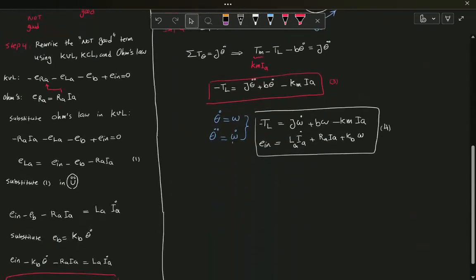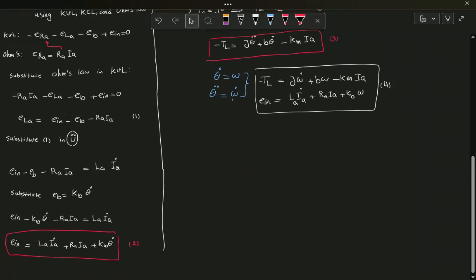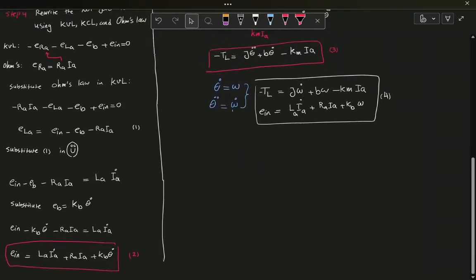Finally, equations 2 and 3 describe the dynamics of the system. However, we can reduce the order of the system by 1 by simply substituting theta dot with omega and theta double dot with omega dot.